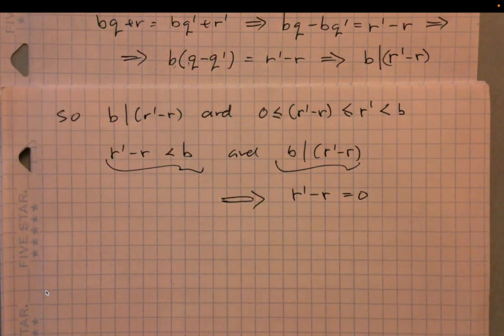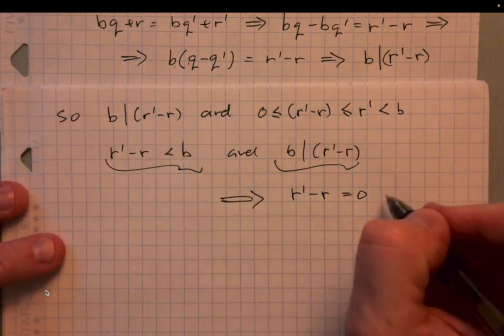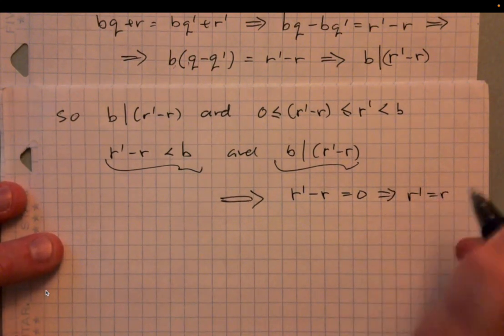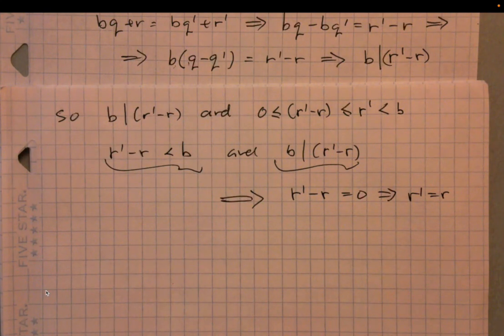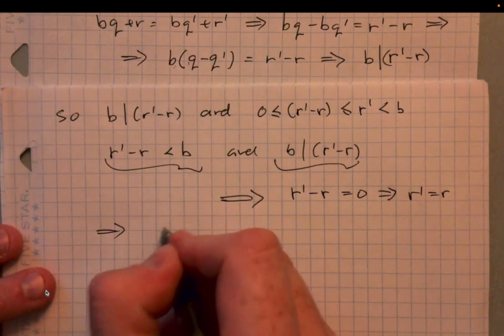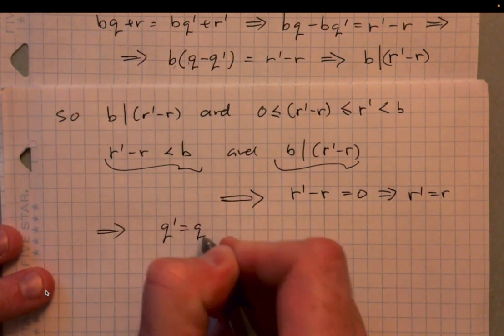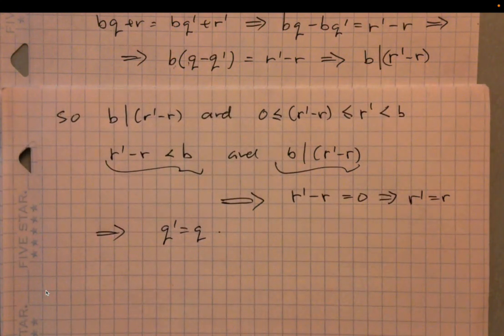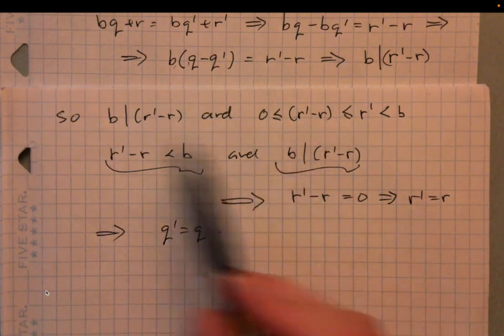And what does that mean? Well, that means that they're the same number, right? So r prime equals r. Okay, and then at this point, it's clear that q prime equals q. All right, so this is a subtle point here.